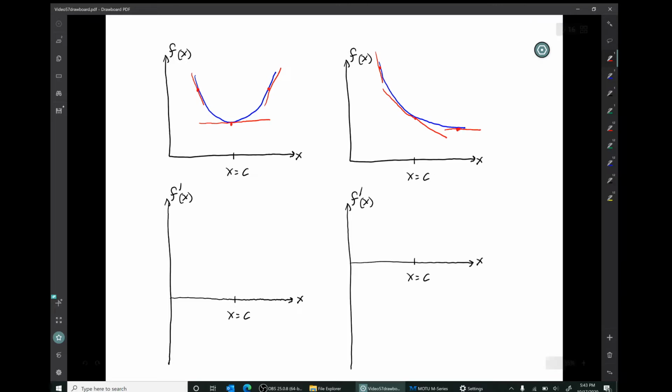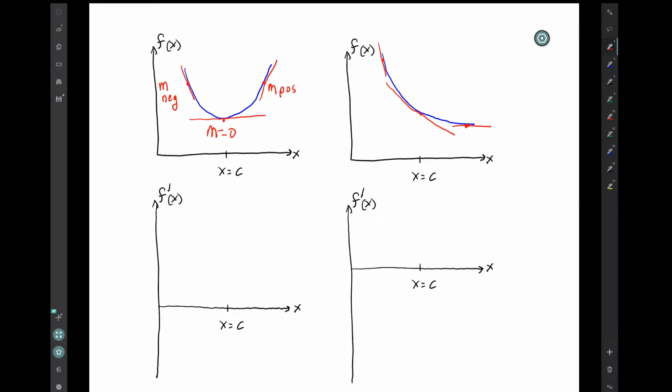So consider those tangent lines right at C and to the left of C and to the right of C. So in this first graph, this first tangent line is tilting down, so its slope is negative. This tangent line at x equals C has slope 0 because the tangent line is horizontal. This tangent line to the right of C has a positive slope.